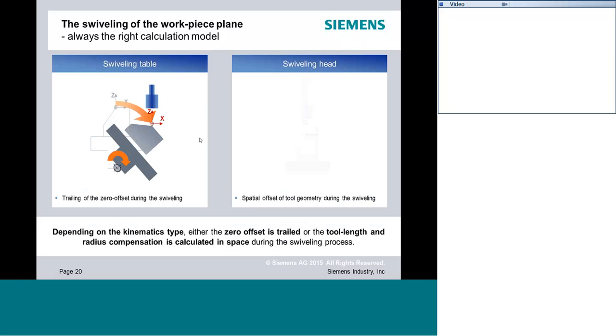In a head scenario, the table would stay fixed because it doesn't move, but the end result is the same. The head swings over, and the machine comes in. The system can calculate for any number of different kinematic configurations, whether it be a traditional swiveling table, like a trunnion table, or what we call a head-head kinematic. That's a rotary spindle.